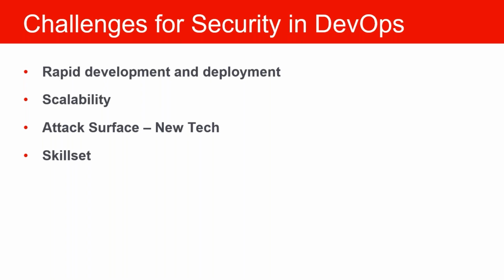Another thing that's very much lacking is skill set, because in a DevOps environment, the devs can no longer say that they don't know how to push applications into production, and the ops cannot say that they cannot read code.